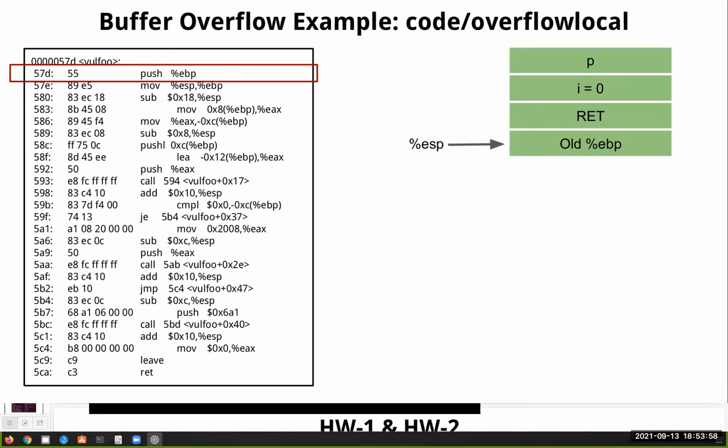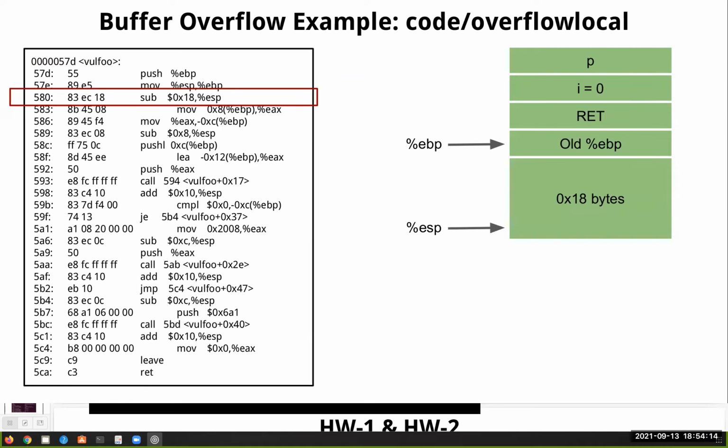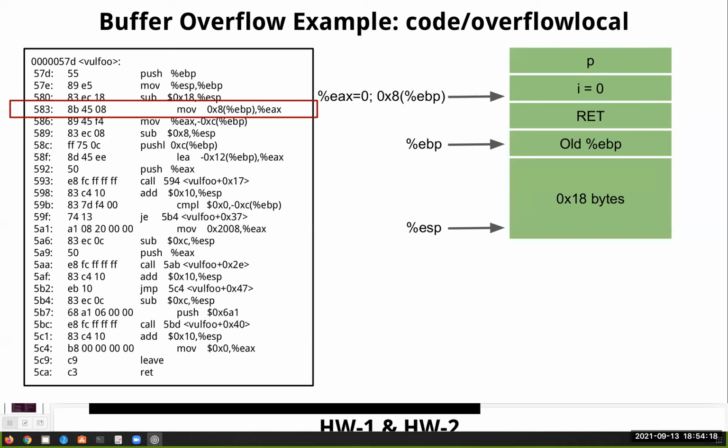Before this, the EBP points to somewhere high, right? That's an old function's frame, but we'll push that here. Then we move ESP to EBP, so both ESP and EBP point to the same address now. Then we subtract 24 bytes. Then we move EBP plus 8 to EAX.